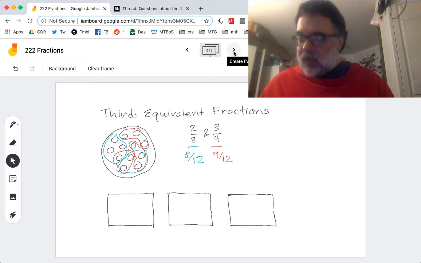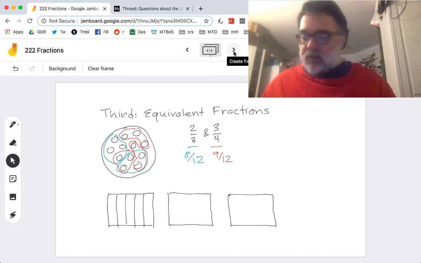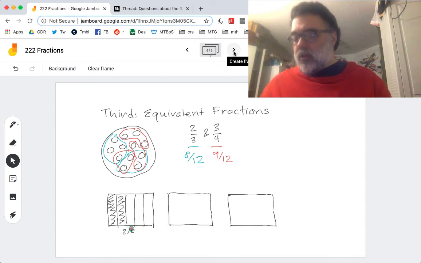So if I wanted to think about 2/5, I've got to break up this rectangle into 5 roughly equal parts, and then I've got 2 of them if I have 2/5. So we could make some divisions and think about 1/4.